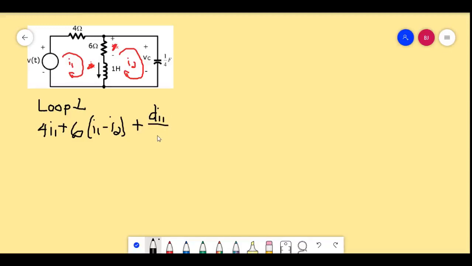So just put in dI1 over dt minus dI2 over dt, equal to V of t. So there we have it. We have the first loop: the two resistors and the inductor.